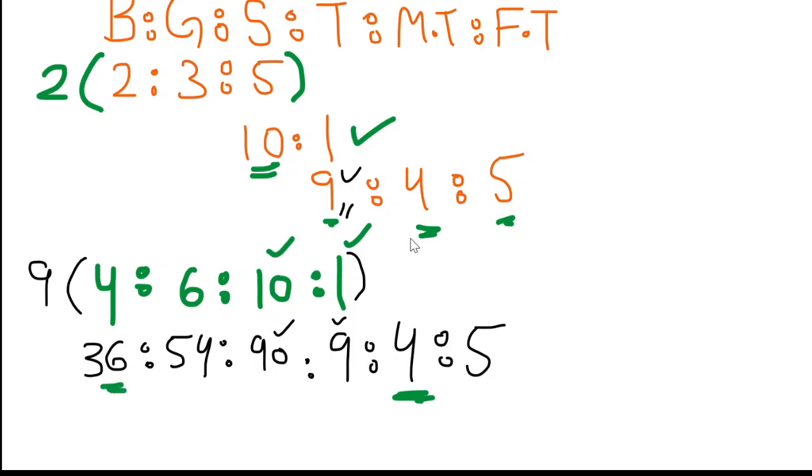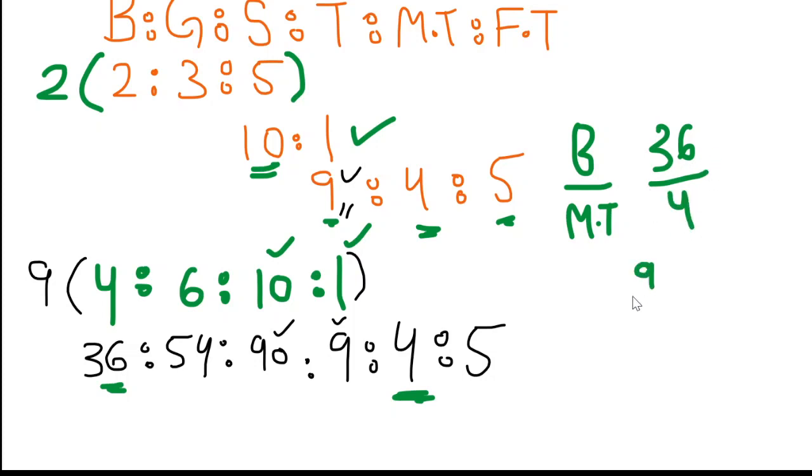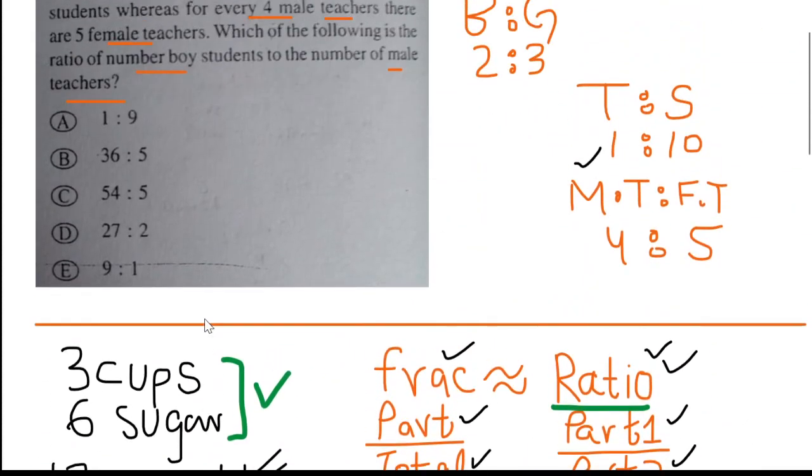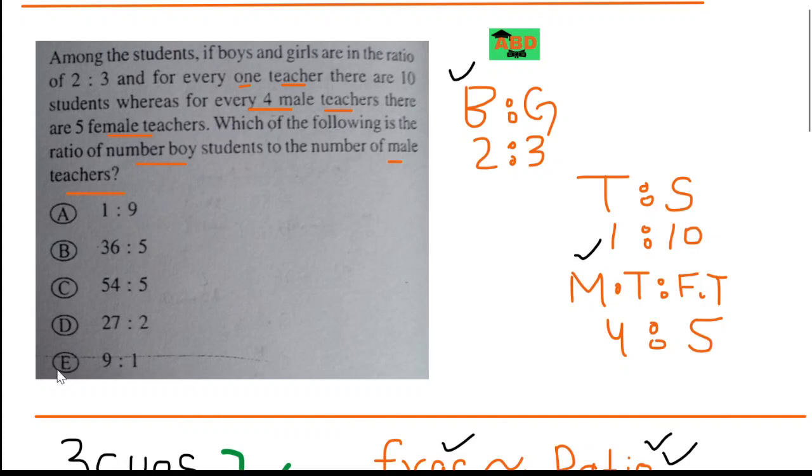The question is asking for the ratio of boys over the male teachers. Boys are 36, and the male teachers are 4. So I can do a simplification: 4 times 9 is 36, and this is the ratio that I am looking for. So if I scroll back up, the answer is E.